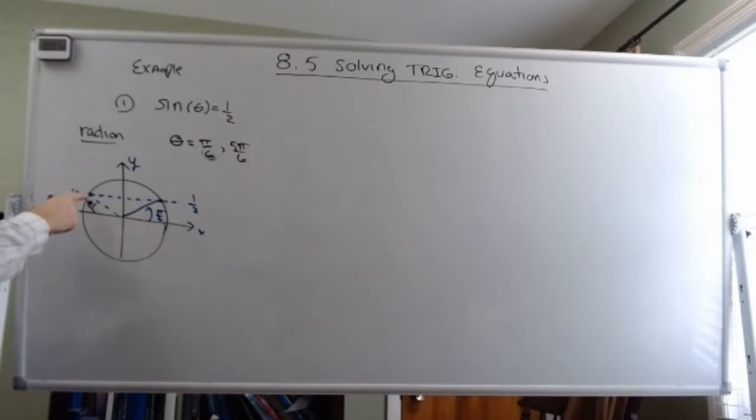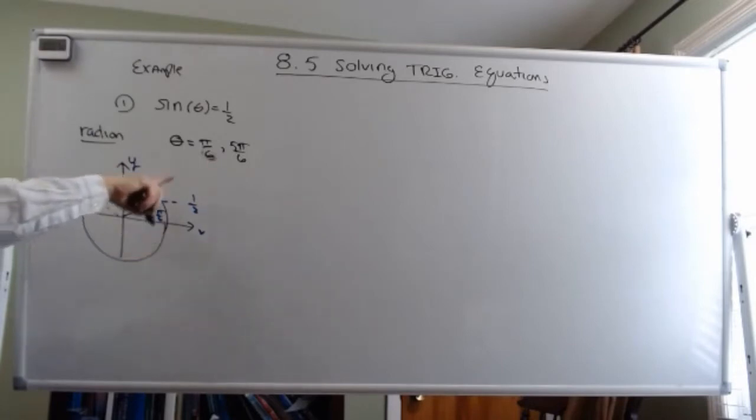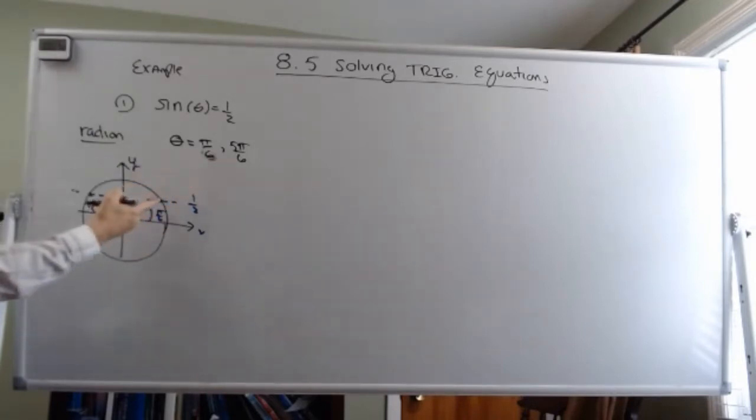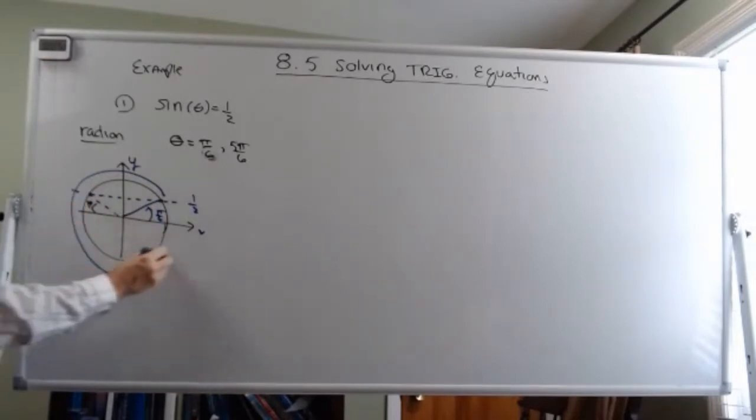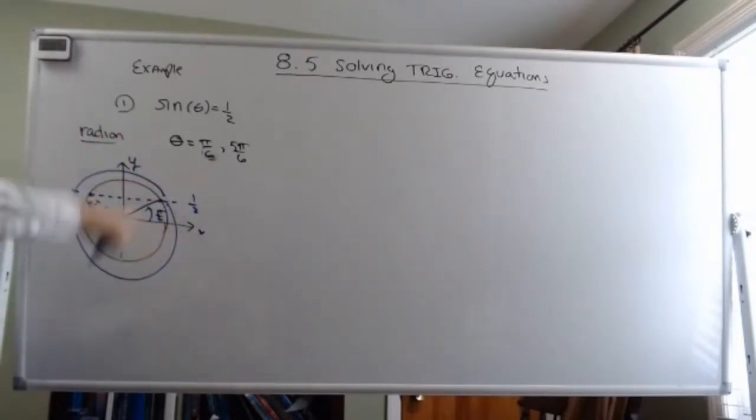Okay? And then if I'm here, I want to get back to this. This is a solution, but if I go around one complete cycle, I'll start here and go all the way around, because I can keep going around and around that circle. That's why there's infinitely many solutions.